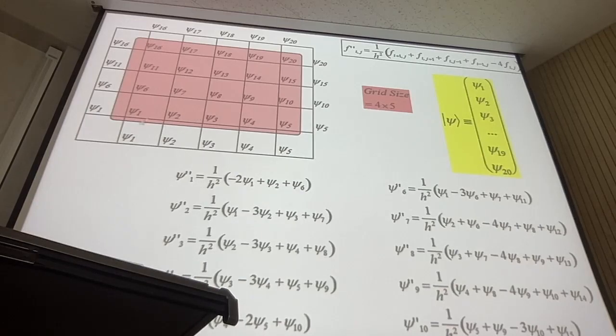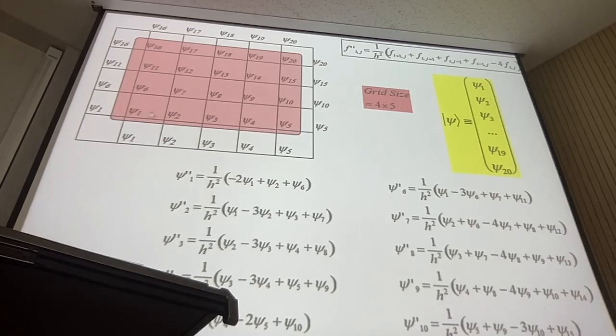And as I mentioned, in order to calculate the 2D del square operation at a given psi 1, we need to find the left side value and the lower side value as well. And we do not know these values. These values are not included within the sample data points either.